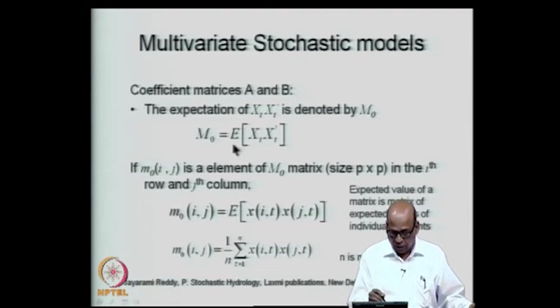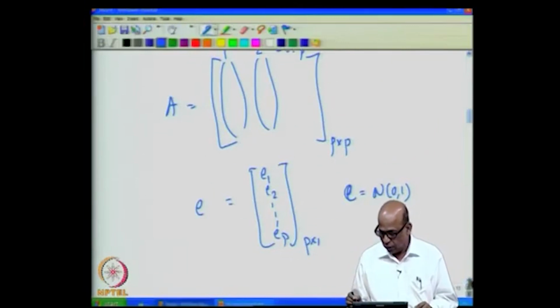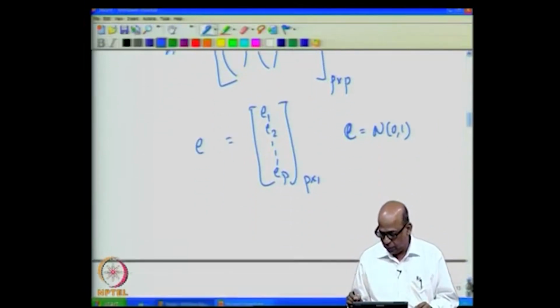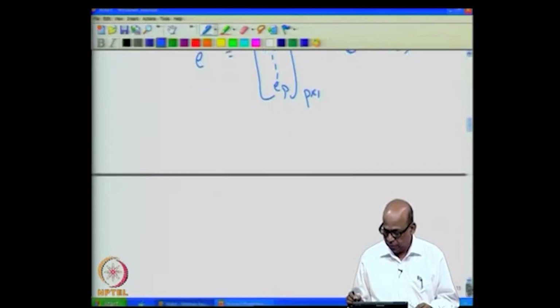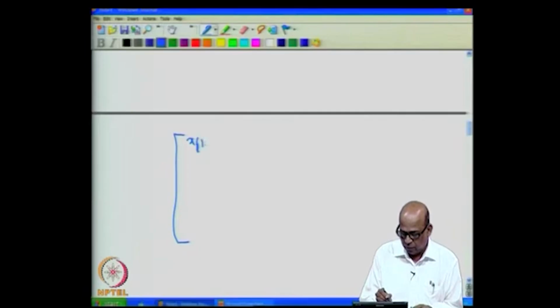So, let us see how we get this x t x t dash matrix, because that is critical to the discussion that we will have further. Your x t is a p by 1 matrix consisting of the observations at p locations, standardized observations. So, I will write this as x 1 t, x 2 t etcetera x p t.